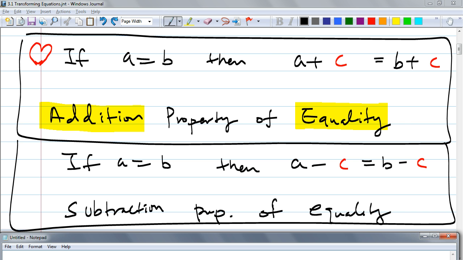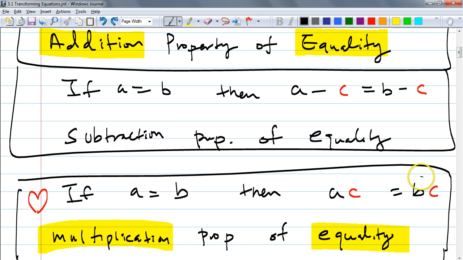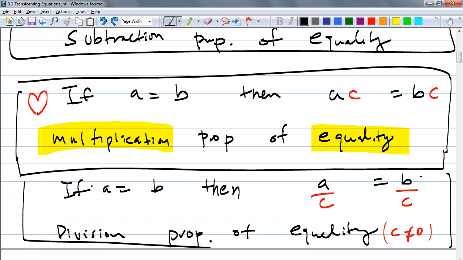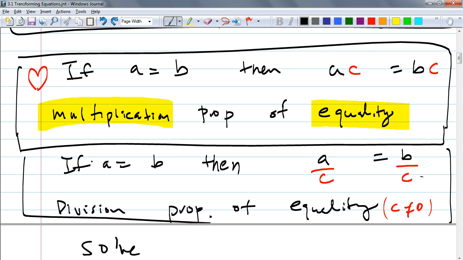How about Kira? If A equals B, then AC equals BC. Exactly. You can multiply both sides by the same number C. And of course, if you have multiplication, you could also have division. So you could divide both sides by the same number as well to transform an equation.